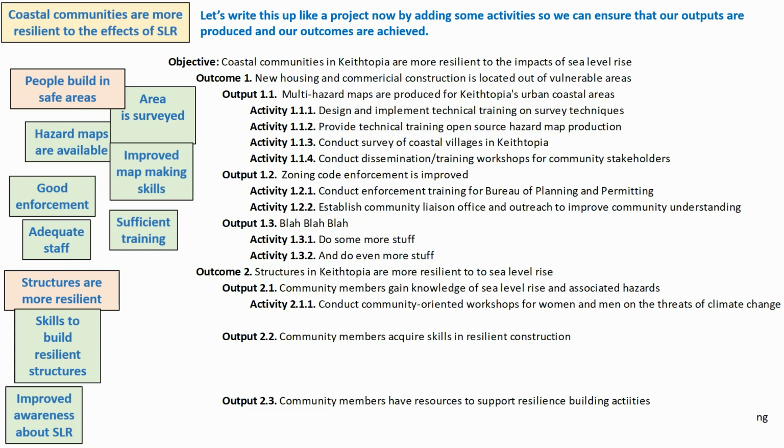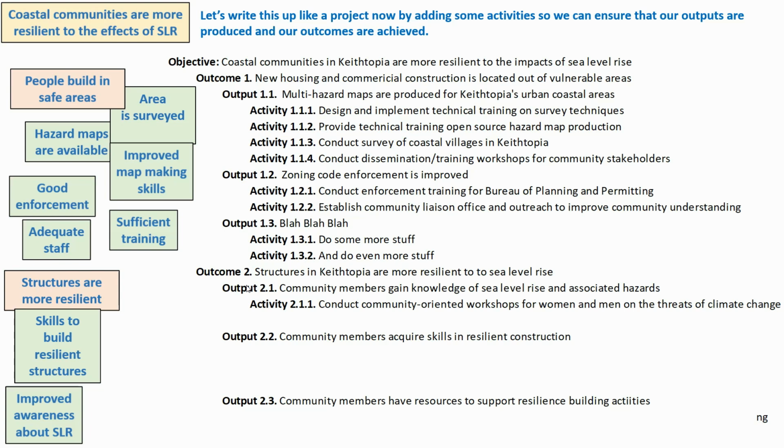We'll want to make sure that there's an accessible bathroom or restroom on the floor where the workshop is happening. All of these things. So the community-oriented workshop should be as inclusive as possible. We want to encourage as many people as possible to take part, because we want the whole community to gain knowledge of sea level rise.